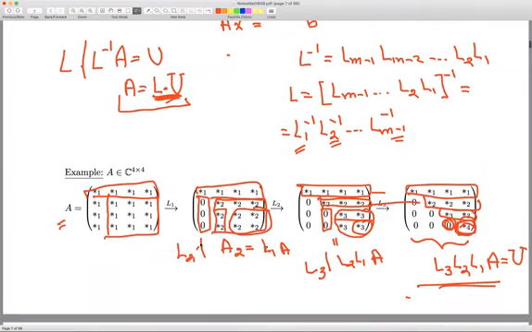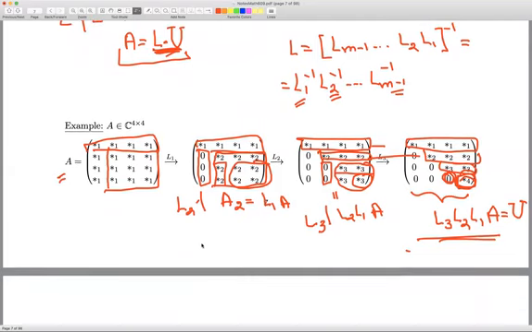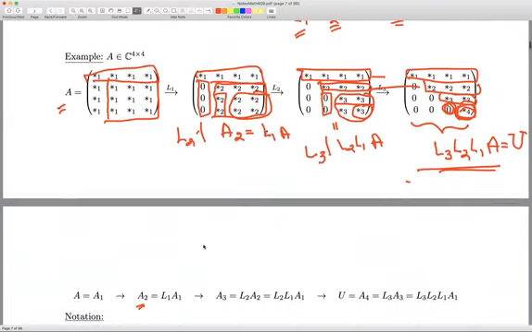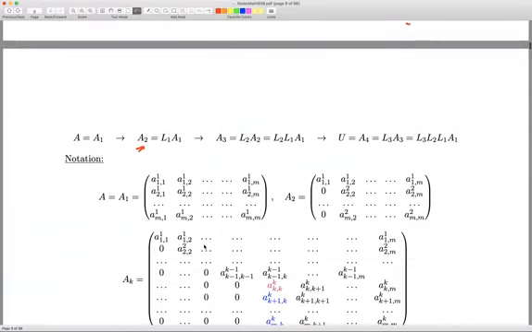But if we want the LU factorization of the matrix A, then we can and should save it every time we do the computation.